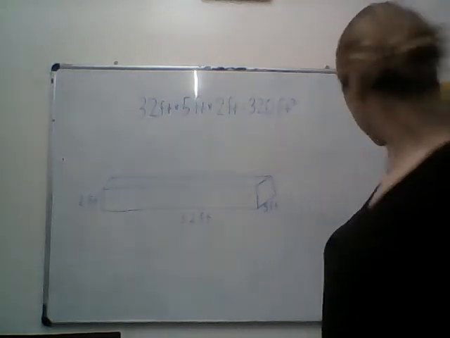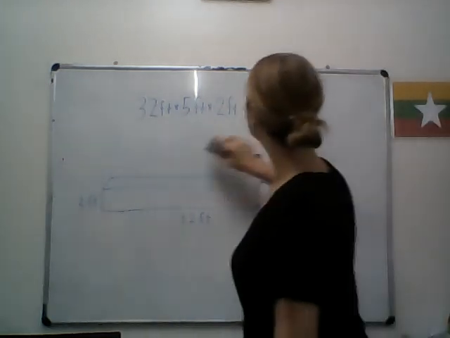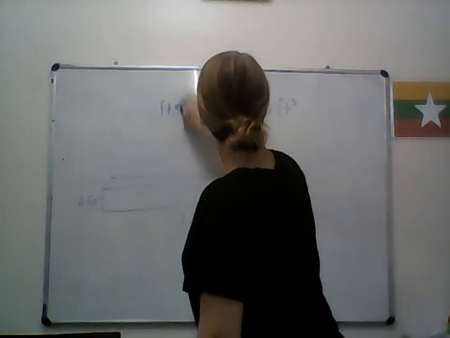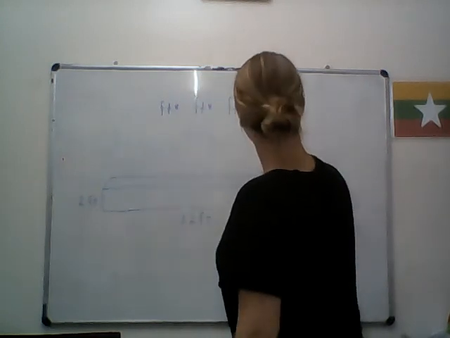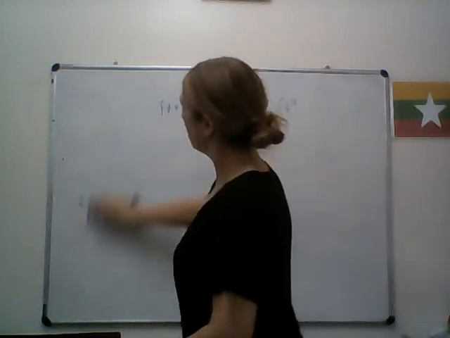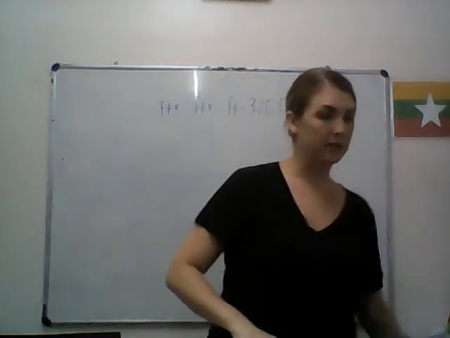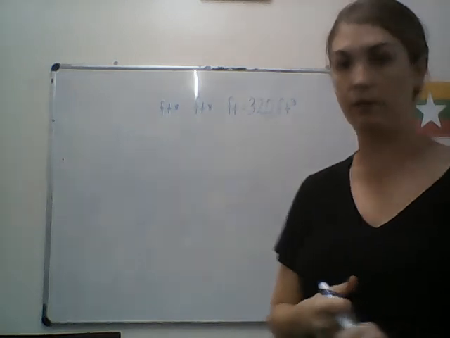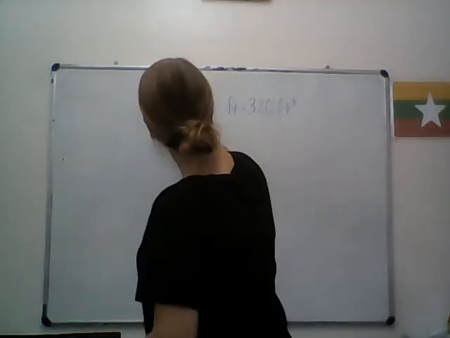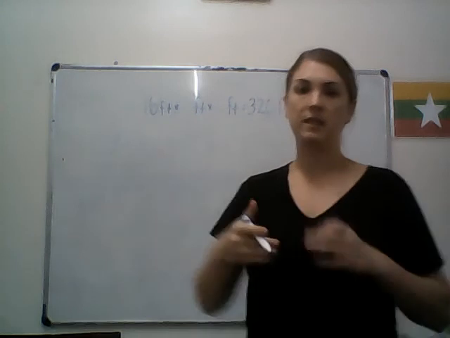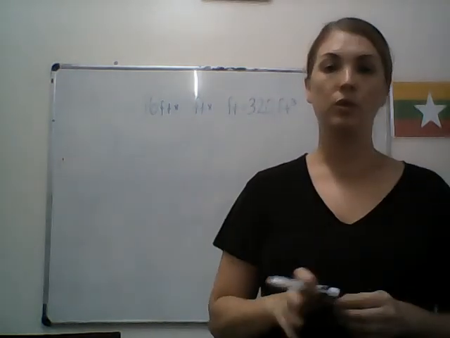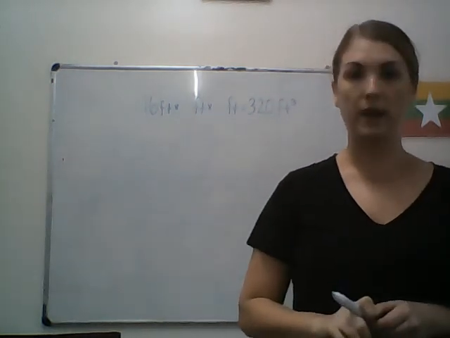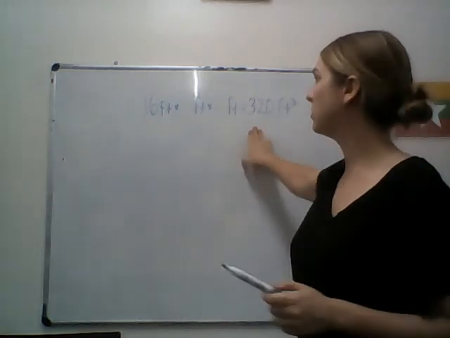Okay, so for this next one, I'm going to start with the number 16 because I know that 16 can go into 32. So if I'm thinking of 16, 16 times 2 equals 32, right? But I'm getting to 320.